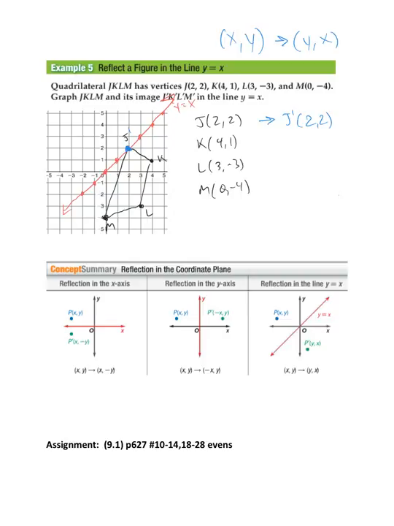If a point is on the line of reflection, it stays the same. And M prime would be at -4, 0.